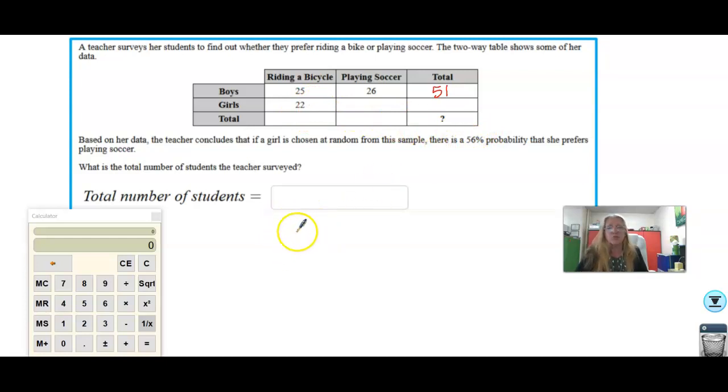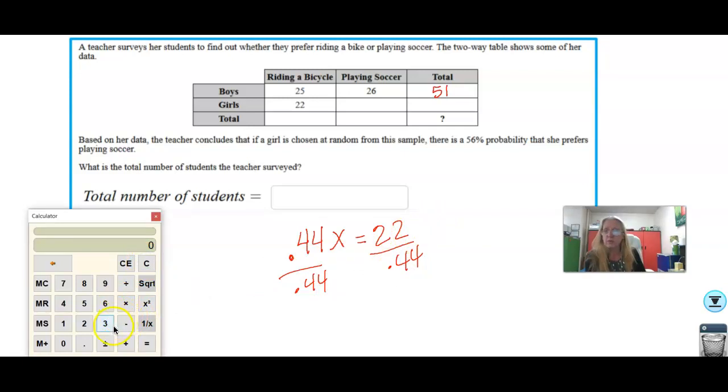So if 44%, I'm writing it as a decimal, 44% of the total number of kids is equal to 22. Okay, so we have to solve for x here. We can divide both sides by 0.44, and this should give us the total number of girls.